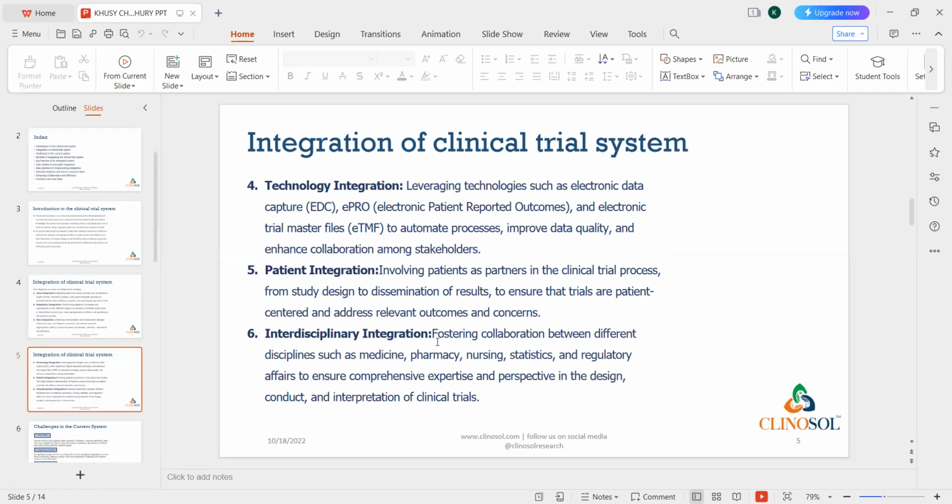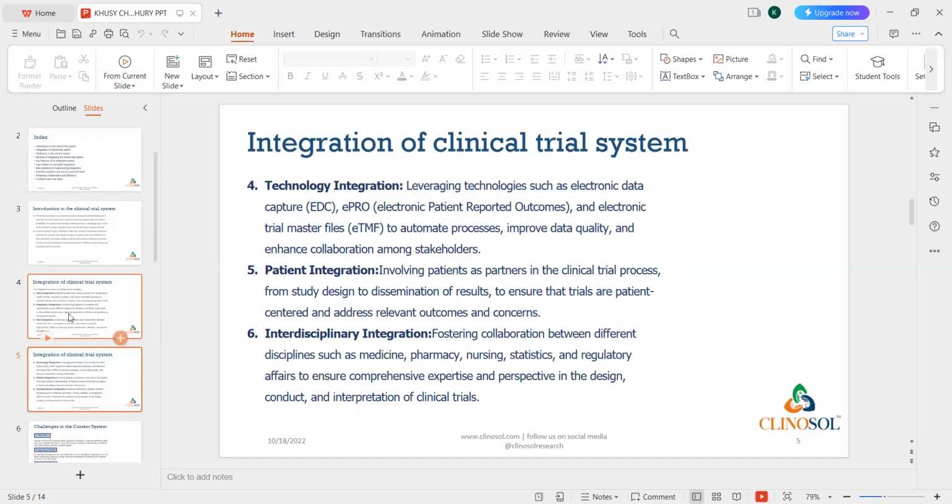Interdisciplinary integration: fostering collaboration between different disciplines such as medicine, pharmacy, nursing, statistics, and regulatory affairs to ensure comprehensive expertise and perspective in the design, conduct, and interpretation of clinical trials.